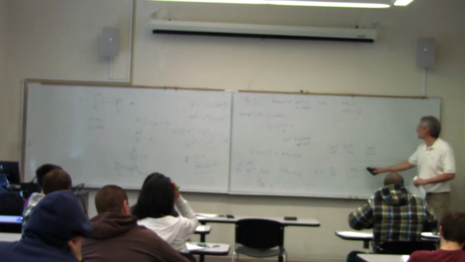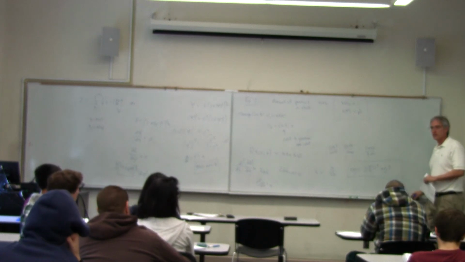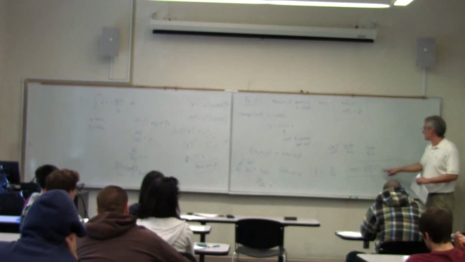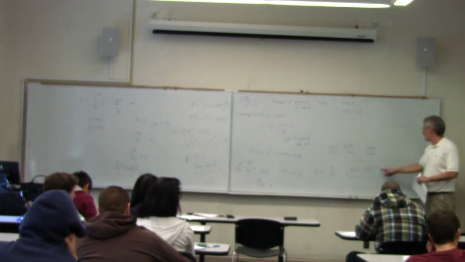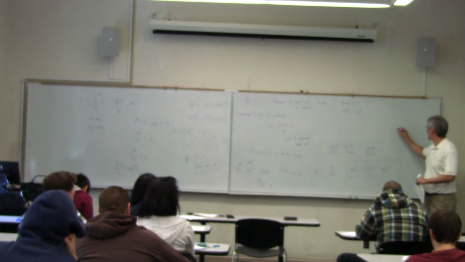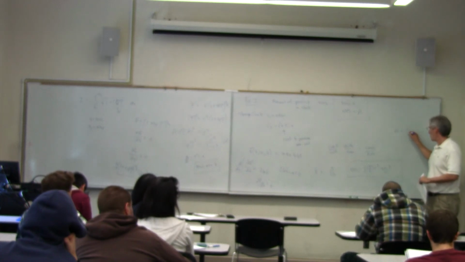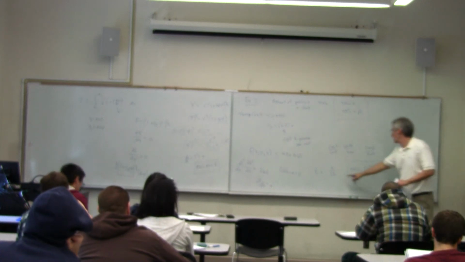In particular, x of 0 equals 0 means that c2 has to be equal to 0. Then if we substitute in t equals capital T, we get a equals, I dropped a 2 here. There was another 2 here, right?